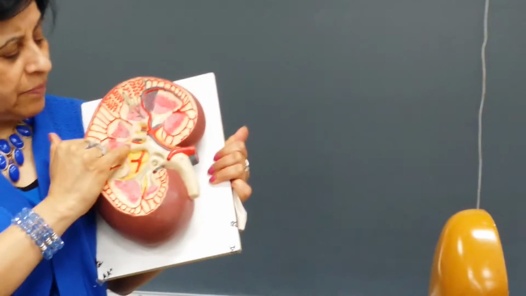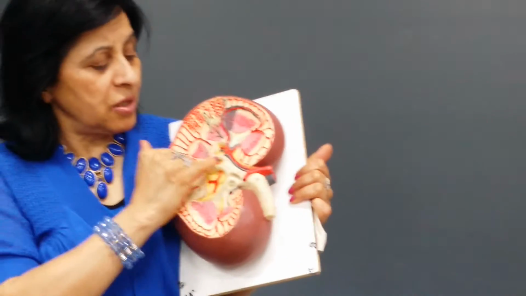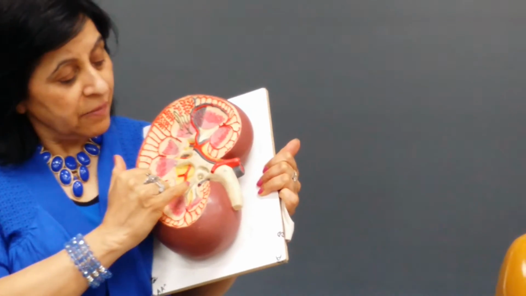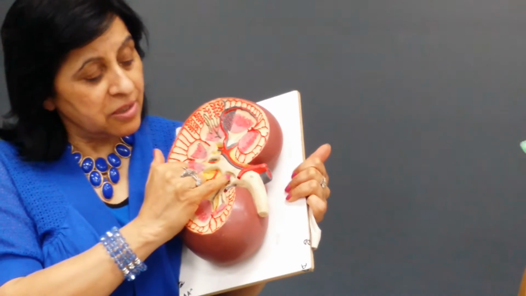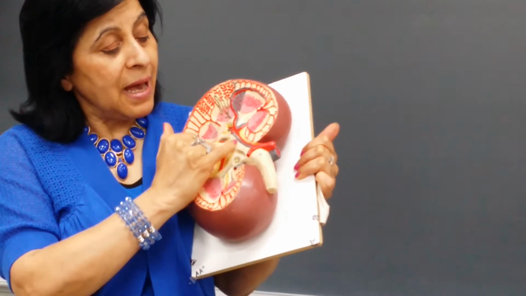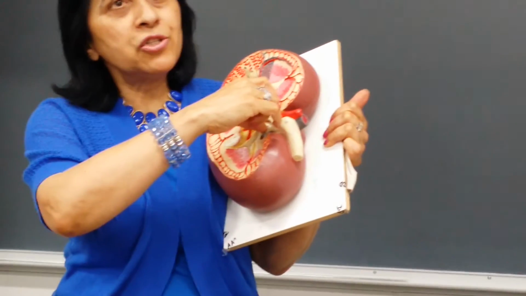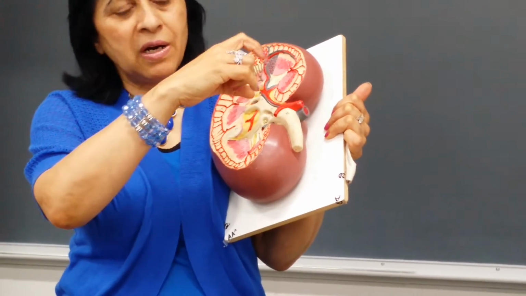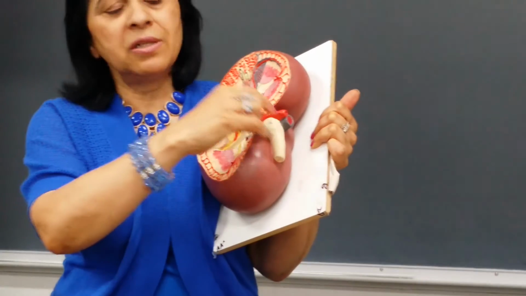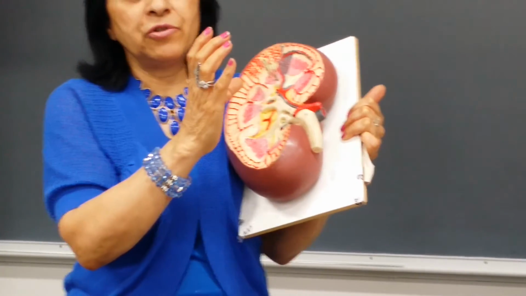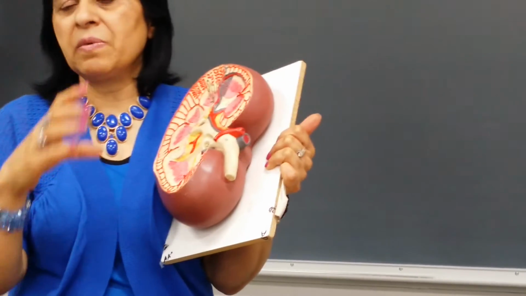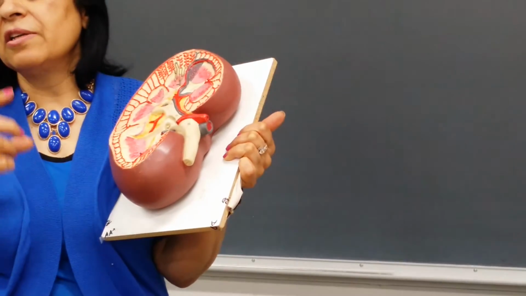Major calyces, if you continue to follow it, this is a minor calyx, that's another one, they are coming together here. So this is the major calyx, this is another major calyx. As major calyces merge, they are merging into the wider part of the ureter that is attached here. The proximal wider part of the ureter is called renal pelvis.